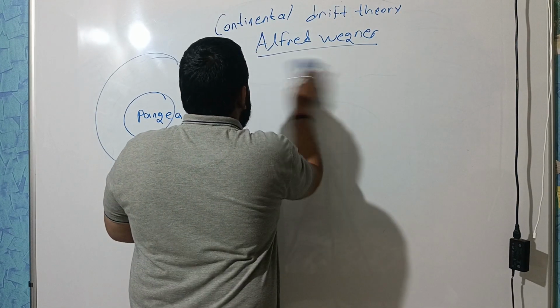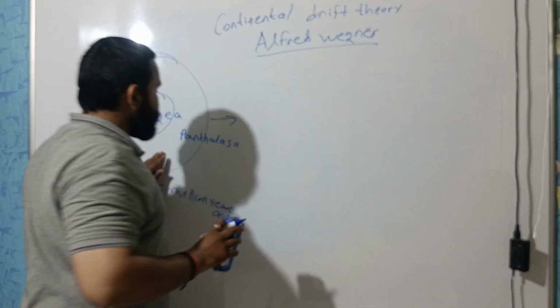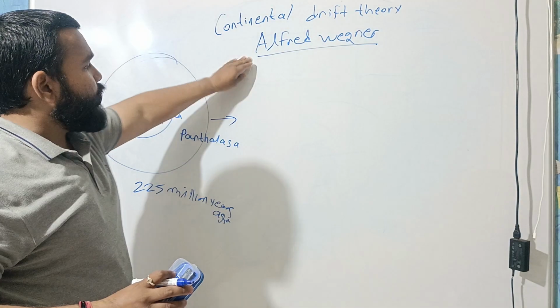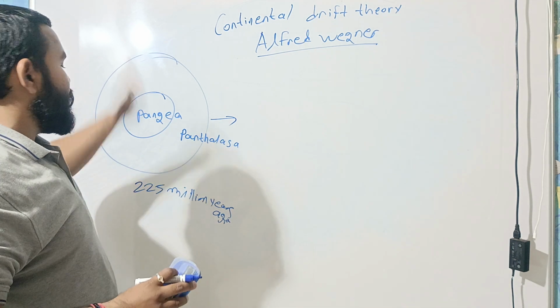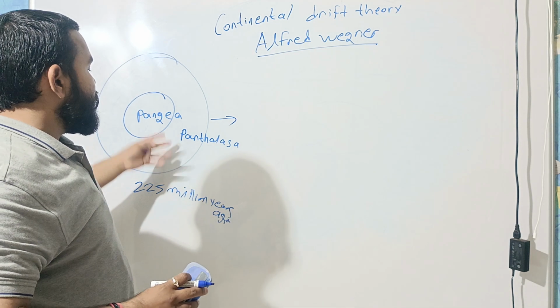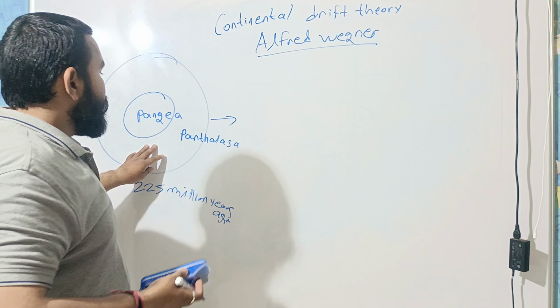Now I'll tell you what happened after this point. Alfred Wegener proposed that there was only a Pangaea and only Panthalassa, nothing else existed.